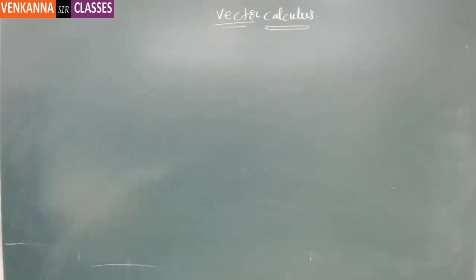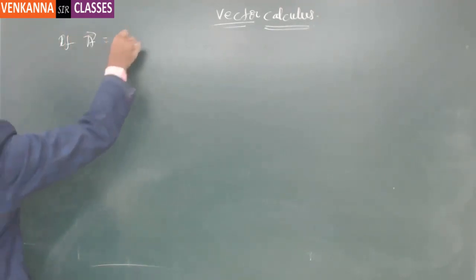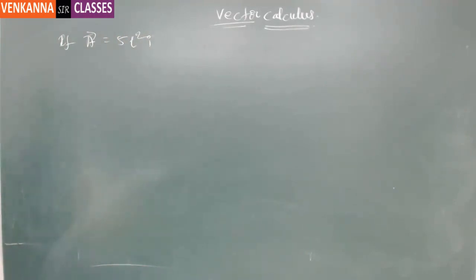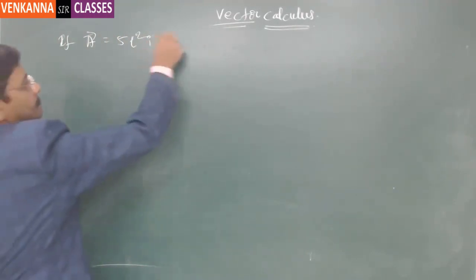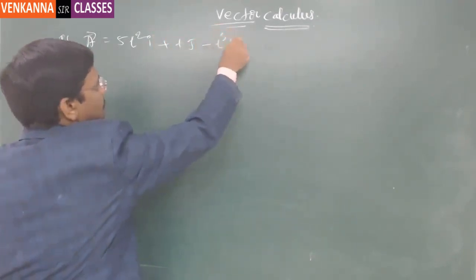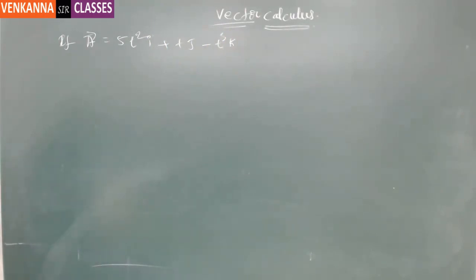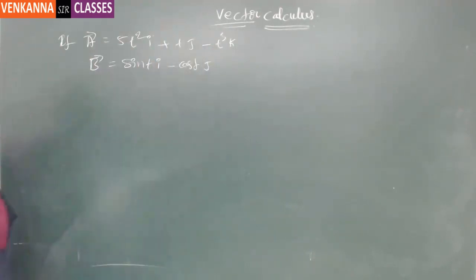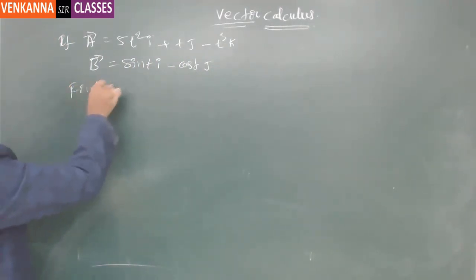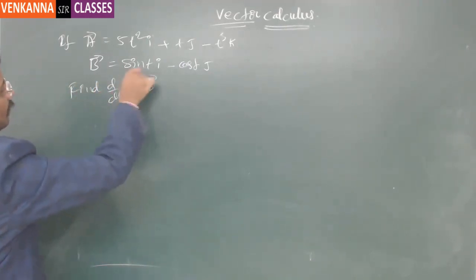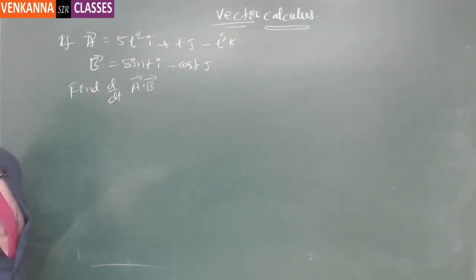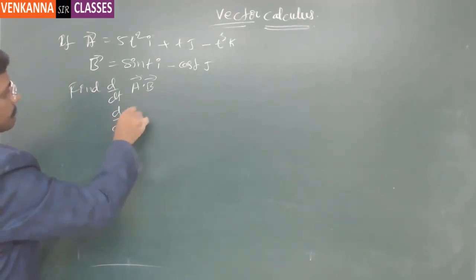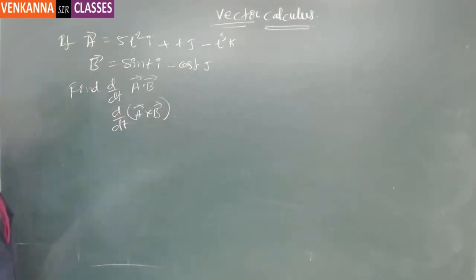If A is equal to t square into I plus t j minus t cube K, and B is equal to sin t i minus cos t j, find d by dt of A dot B and d by dt of A cross B. Can you find out this?